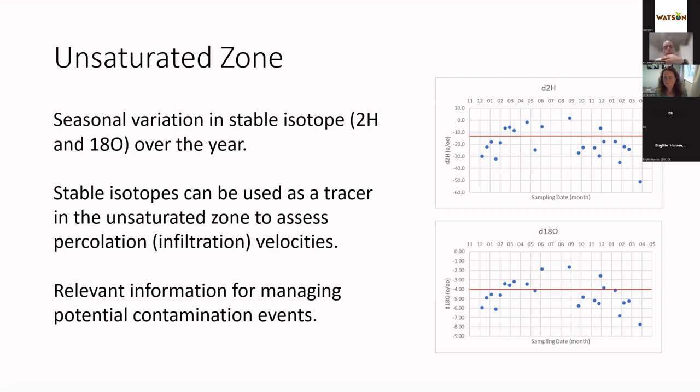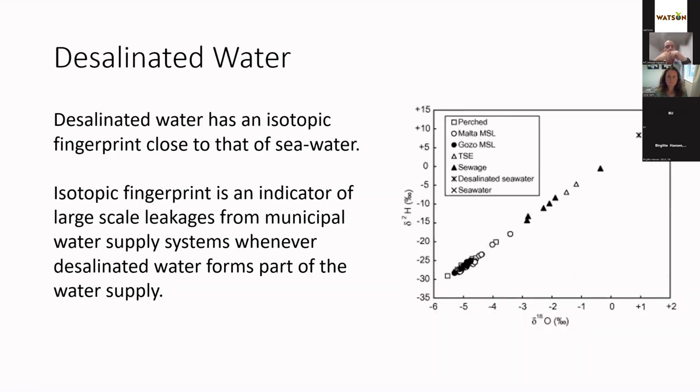And therefore, this will also help in managing potential contamination events and also to determine what the hydrological conditions are which facilitate contamination. And finally, and this is an interesting aspect for countries or regions like us which have a significant use of desalinated water: desalinated water has a different isotopic fingerprint with regards to oxygen 18 and deuterium, as you can see from the plot, compared to groundwater.